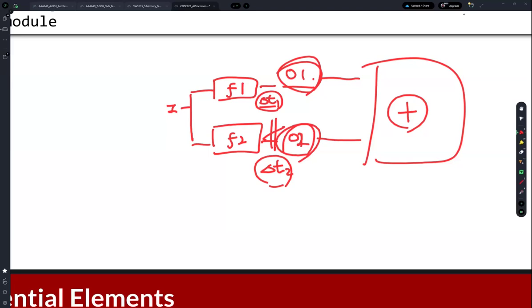But the problem is that delta T1 and delta T2 vary, so they are different. We cannot figure out when O1 and O2 will be given to this F3 combinational logic.